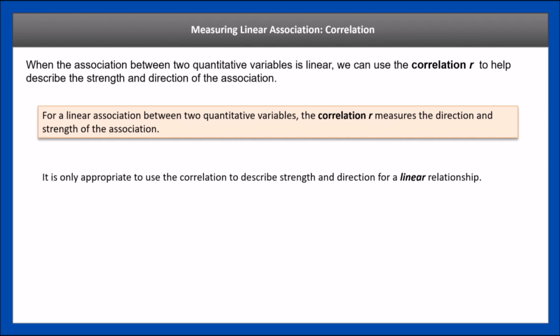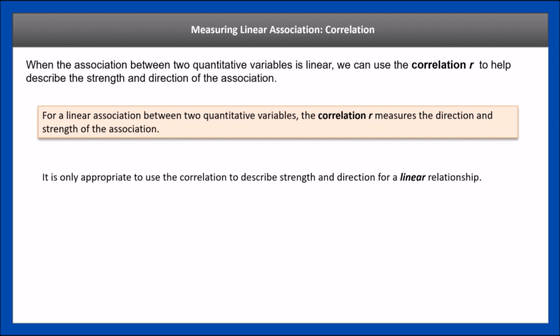But if you have something that resembles a line, then you can measure the strength by using the correlation coefficient r. We'll show you how to calculate this in a second, but r measures the direction, whether it's positive or negative, as well as the strength.